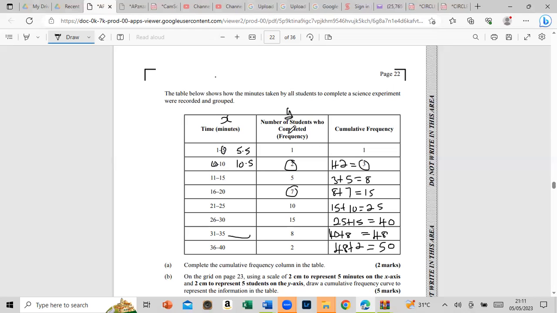They told us, even if they didn't tell us, we should have known, alright? When you continue like that, the upper class boundaries are 15.5, 20.5, and then 25.5. You would have done this in a separate column.